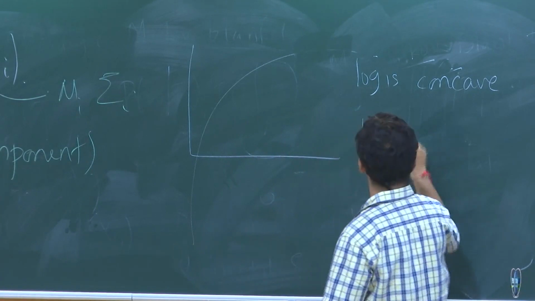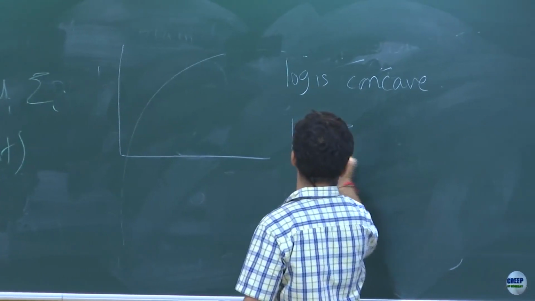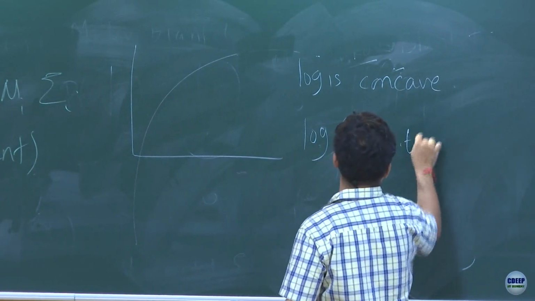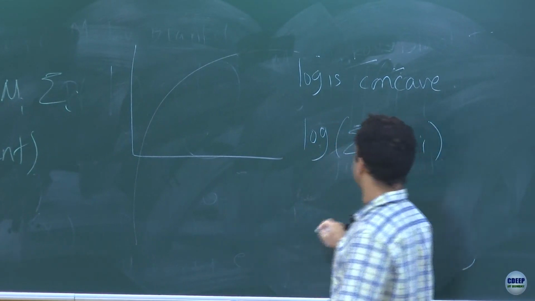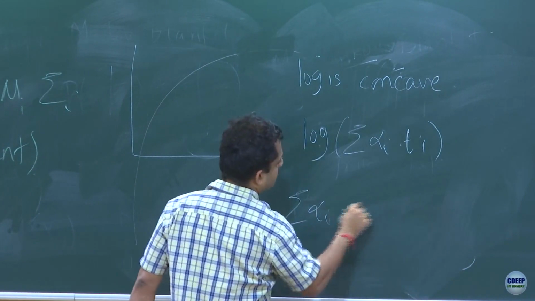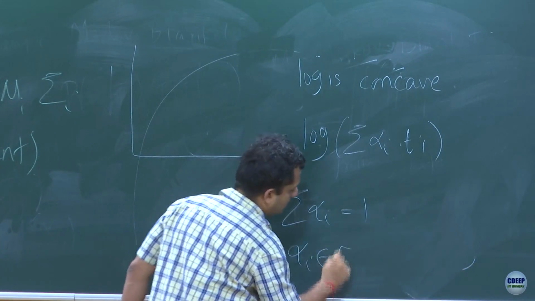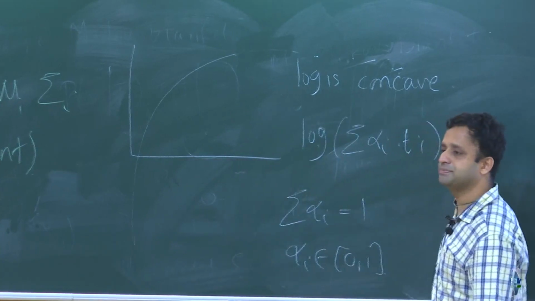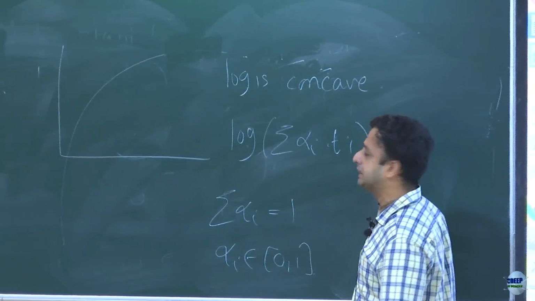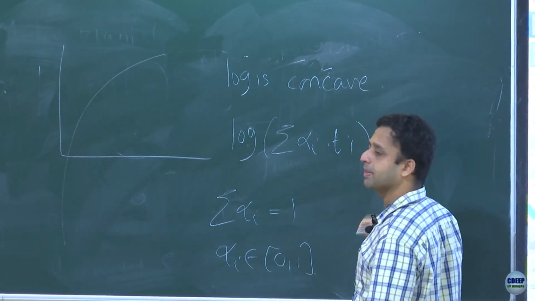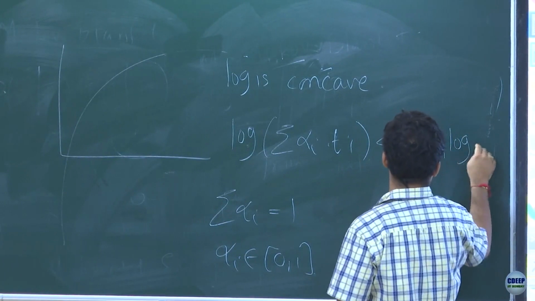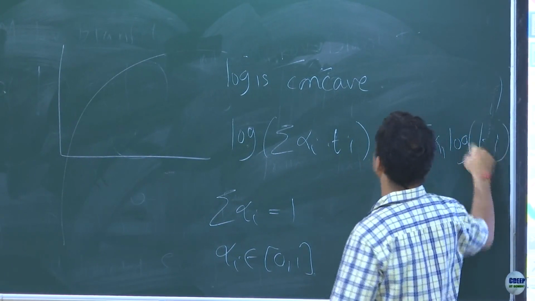Log of summation alpha i times t i, and let us say the alpha i's sum to 1, alpha i's are all between 0 and 1. What will this be? Less than or equal to summation over i of alpha i log of t i.